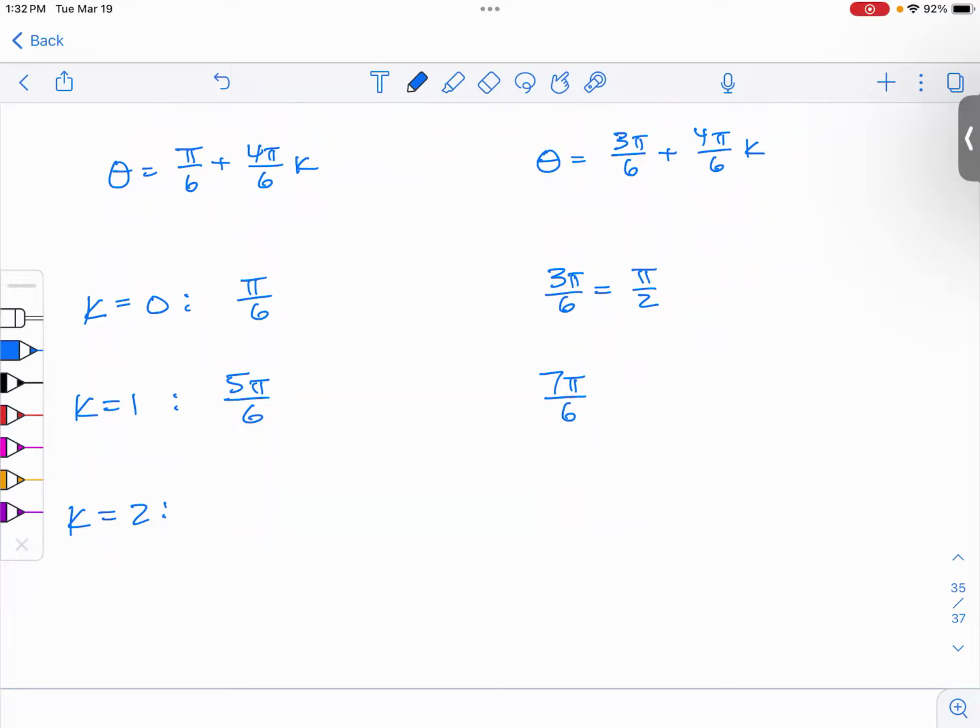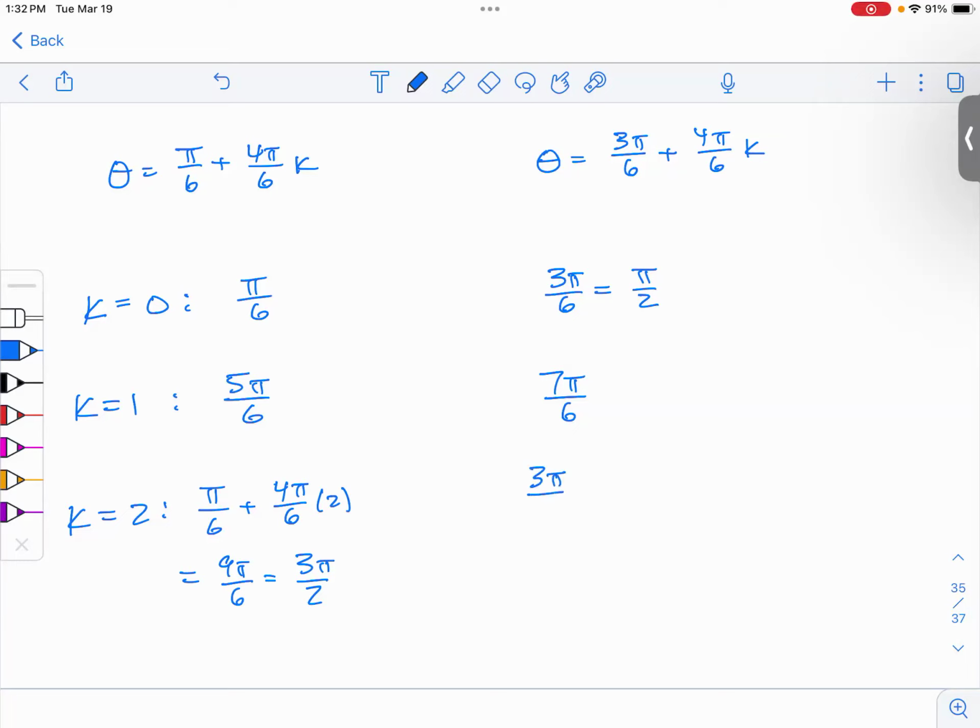All right, so then we have, I guess I'll write this one out. Pi over 6, we can do this one fast too, because it's 8. But this becomes 4 pi over 6 times 2, which then is 9 pi over 6, which is actually 3 pi over 2.